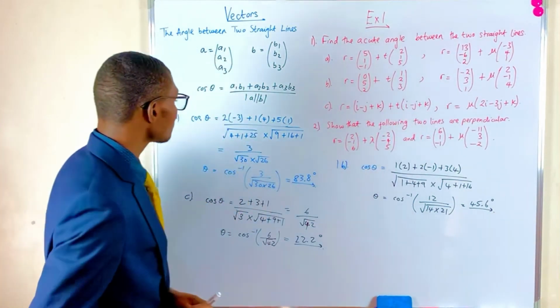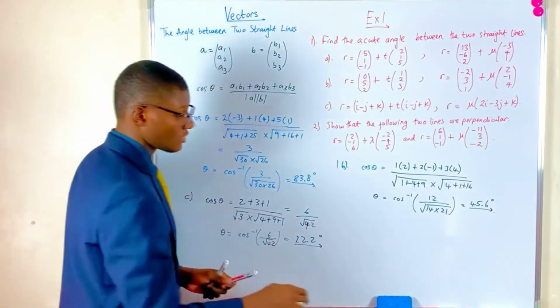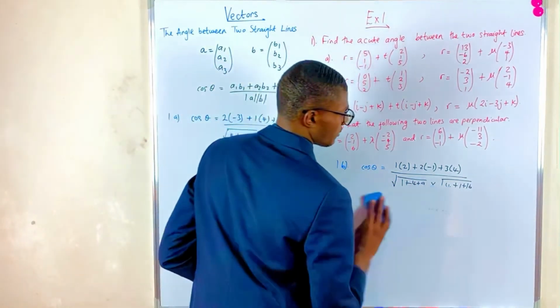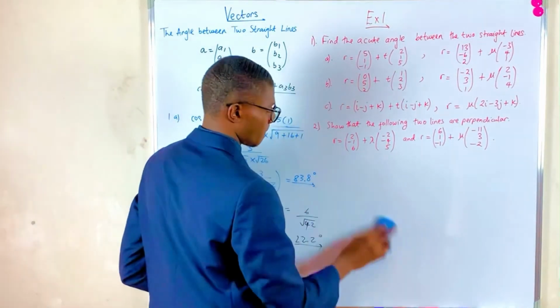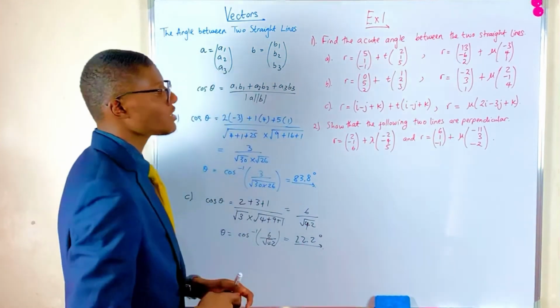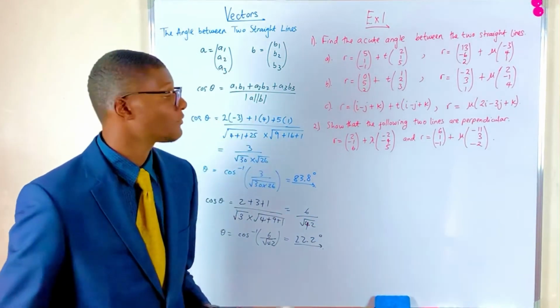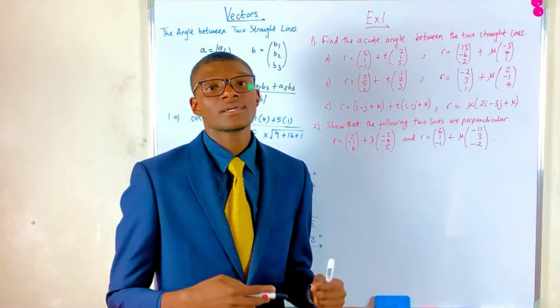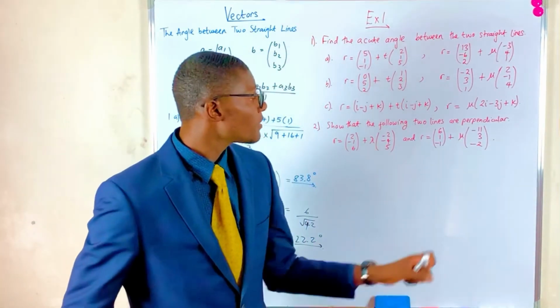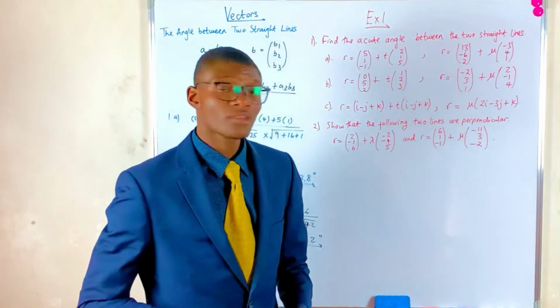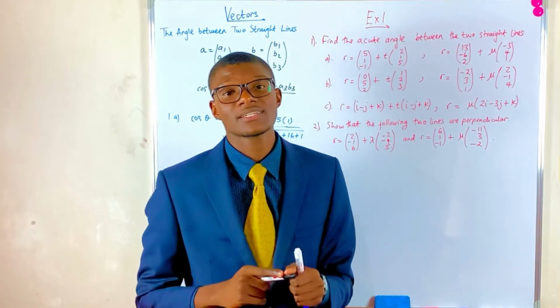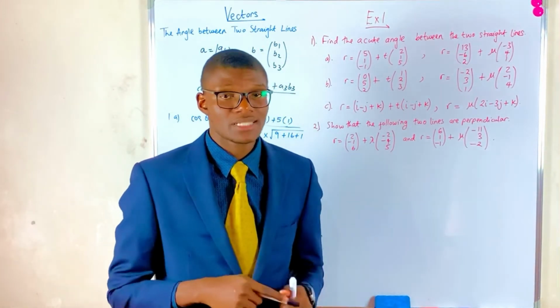Now let's move on to look at number 2, which is the last part. Number 2 says, show that the following 2 lines are perpendicular. The application, the result is just the same. For 2 perpendicular vectors, their scalar product is equal to 0.